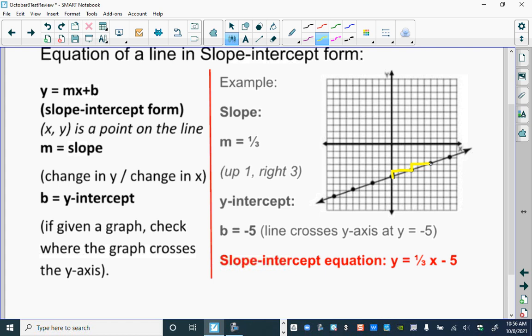Now, this point right here, this is your point. So if you went 1, 2, 3, 4, 5, this is the point: 0, (-5). That's your y-intercept, this value right here.